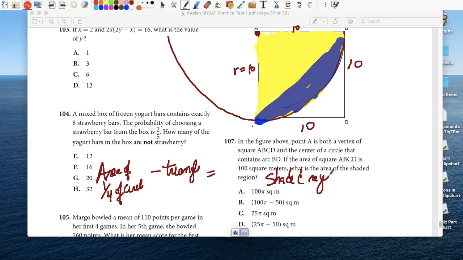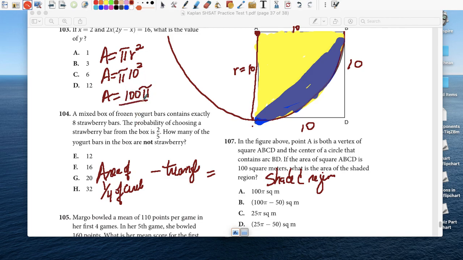So we have to calculate that. Let's go for the quarter circle. The area of a circle is pi r squared. We know the radius, which is this all the way to here, is 10. So the area of the circle is 100 pi.